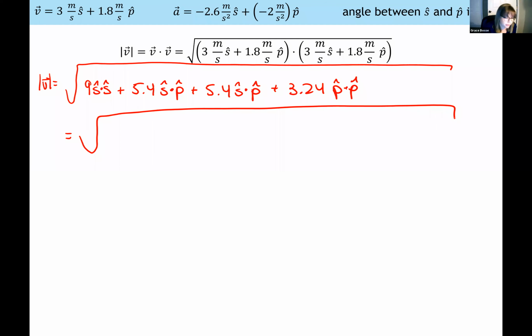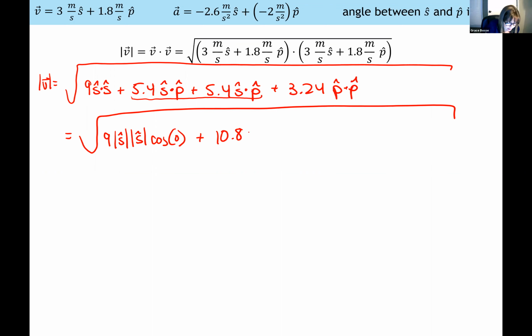Let's use the definition of the dot product. So I have 9 times norm of unit vector s hat times norm of unit vector s hat times the cosine of the angle between those two, the vector with itself, so the cosine of 0. Angle in that case is 0. I'm going to combine these two middle terms here, 5.4 plus 5.4, because they are like terms, is 10.8.